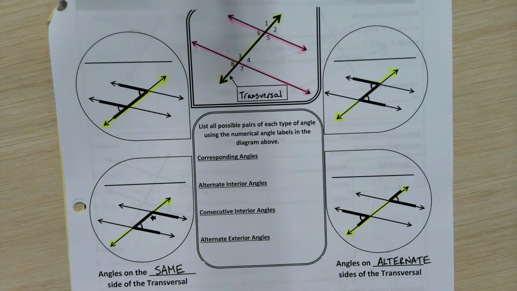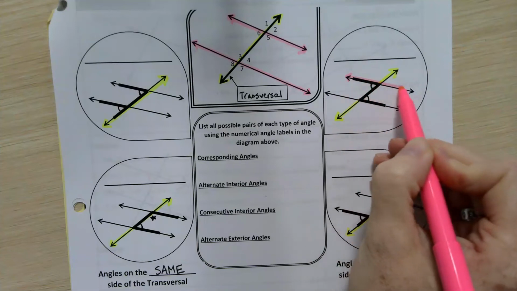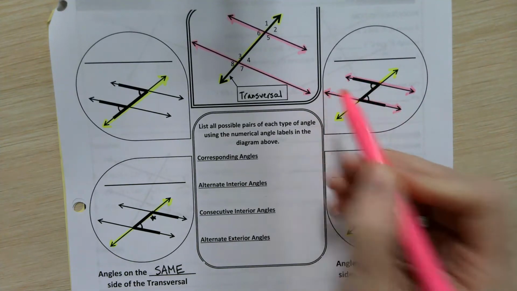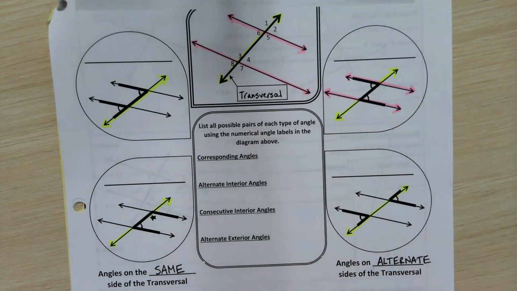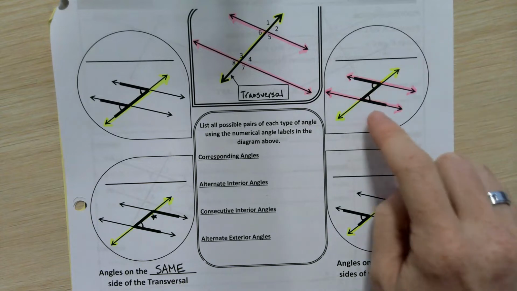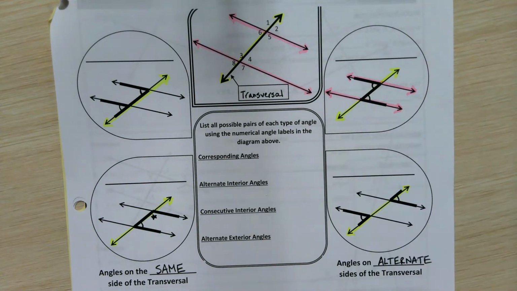So then the second characteristic we need to look at is about their location in terms of the lines that are transversed, the other 2. So if we look at this top right corner to begin with, here are 2 lines that are intersected by our transversal. When we highlight those 2 pink, do you notice how both of these angles get trapped between those lines?